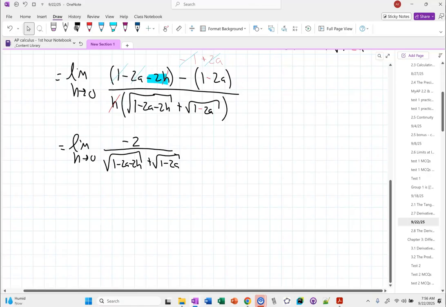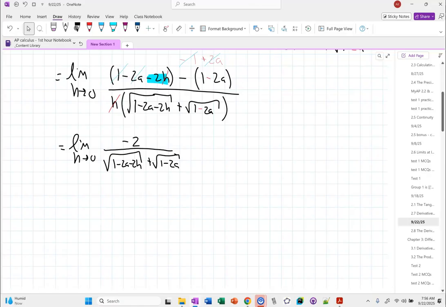So now I can do my direct substitution. Notice there's no way to get a 0 over 0 anymore because the numerator is a constant. So I know that I've cleared that hurdle. Notice I've dropped the limit now that I did the direct substitution.